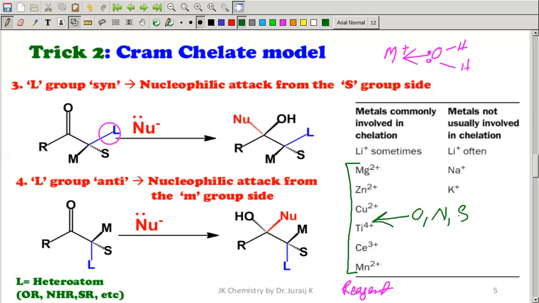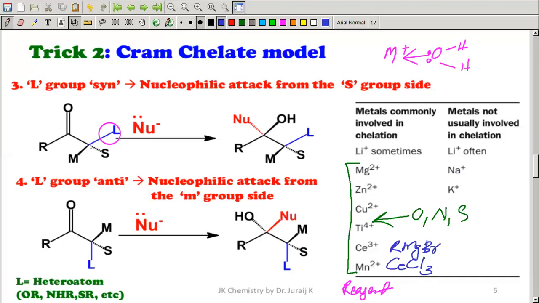So there is a dative bond between this heteroatom and the metal present in the reagent. Generally, we are using Grignard reagent, RMgBr. It can show chelation. Another, cerium chloride, CeCl3, can show chelation. Now, if you have a reagent having only sodium and potassium, it won't show any chelation. So check that your reagent has these metals, then there will be chelation. So you should use this trick 2 rather than trick 1.